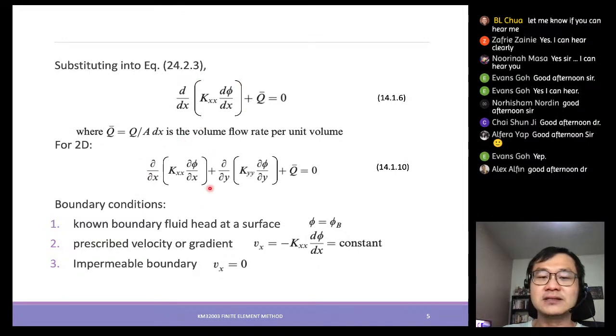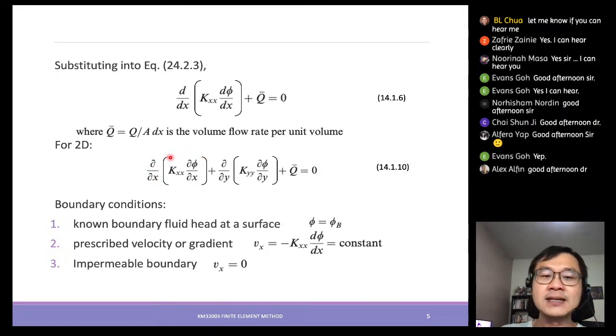So you have delta k delta psi over delta x, okay. Then differentiate this whole term with respect to x, right? So this is again a general term, okay.